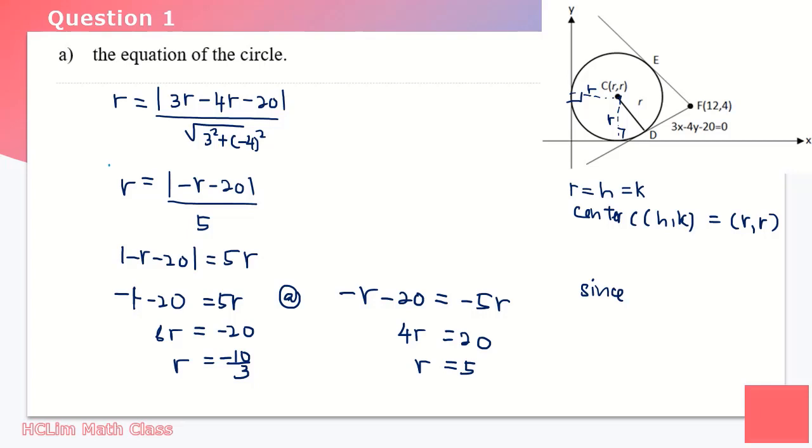Since the circle is in the first quadrant, and r is the length of the radius, r should be greater than 0. Therefore, we just accept r equal to 5. So the center will be (5, 5).